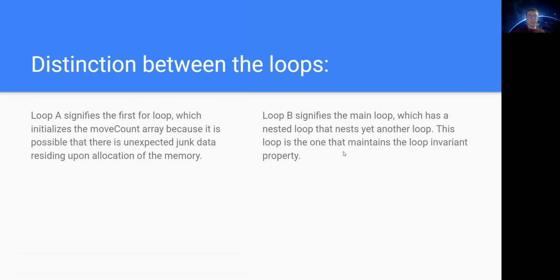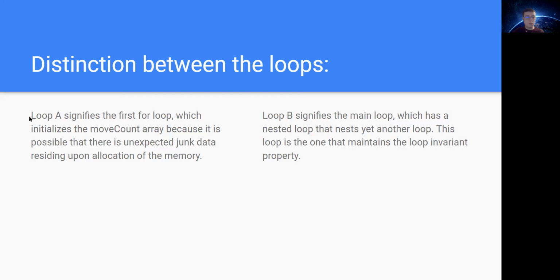So if we were to continue on, we might have random values that would not be correct. So maybe some value had a really huge number and that's the most effective move when it really isn't. And then loop B signifies the main loop, which has a nested loop that nests yet another loop. This is the loop that maintains our loop invariant mostly.